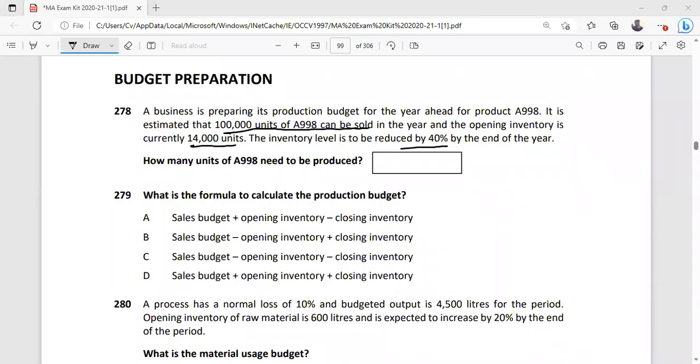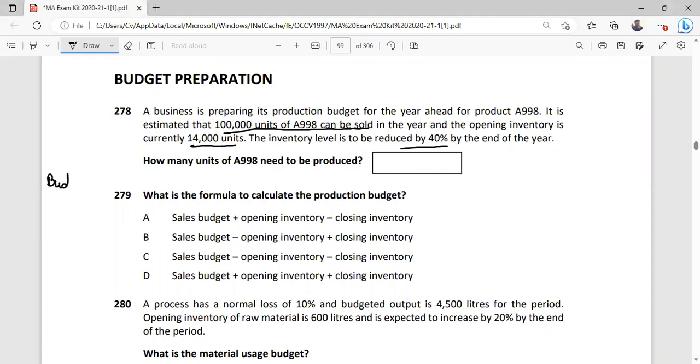Okay. In this question, we are required to calculate how many units of A double nine A needed to be produced. So we need to calculate the budgeted production unit. We have already learned this formula.